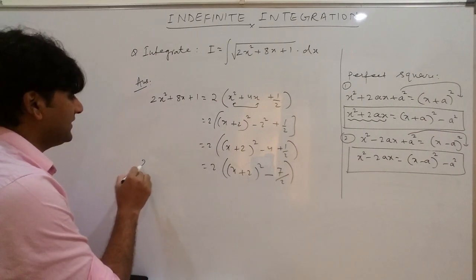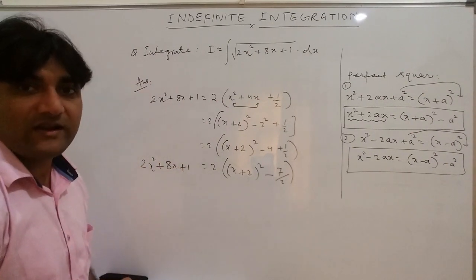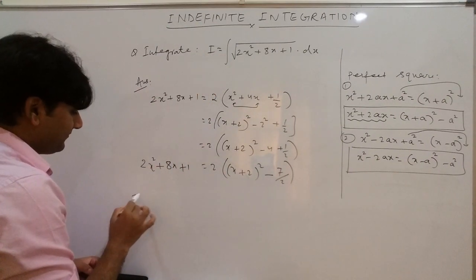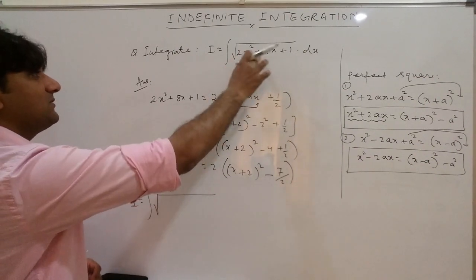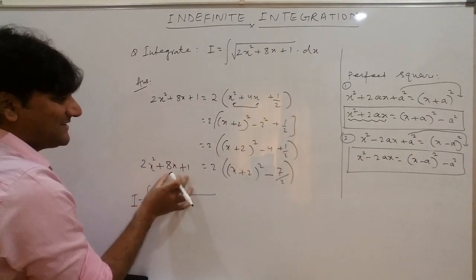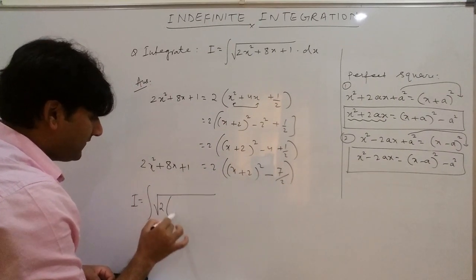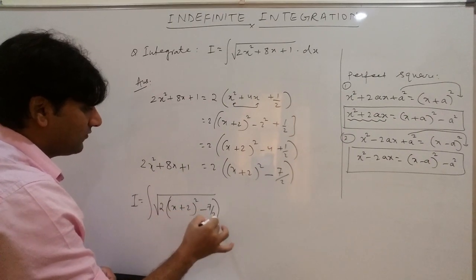So I got perfect square of 2x squared plus 8x plus 1. Right? Now, what is my question? I equals root of 2x squared plus 8x plus 1 dx, and 2x squared plus 8x plus 1 I can express as twice of x plus 2 whole square minus 7 over 2.